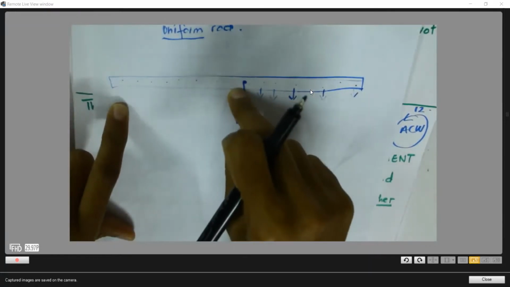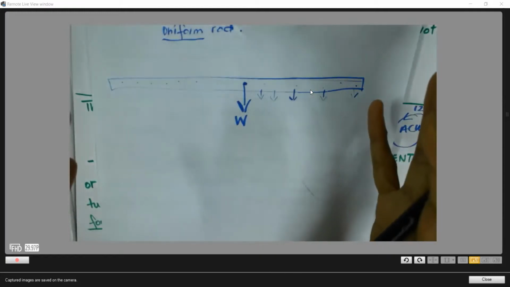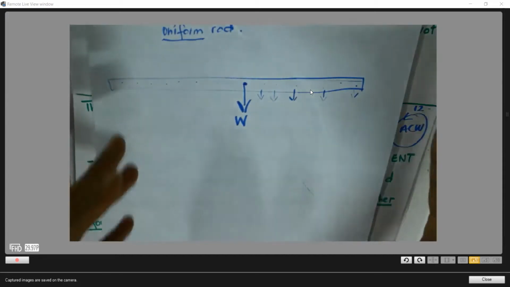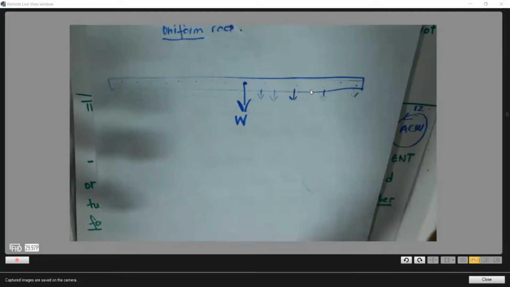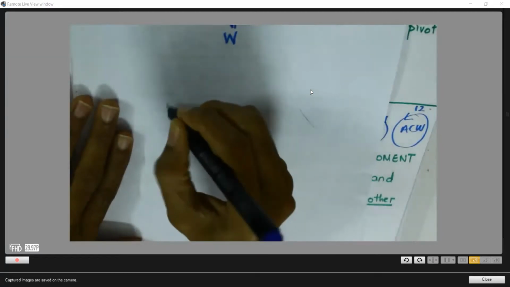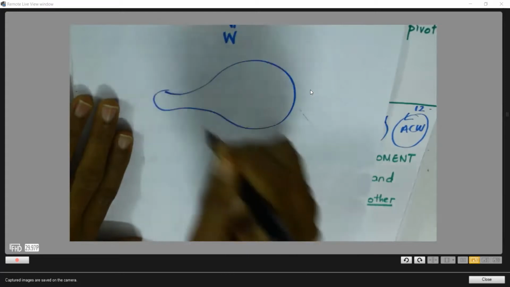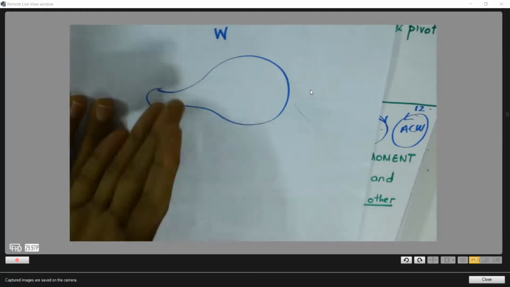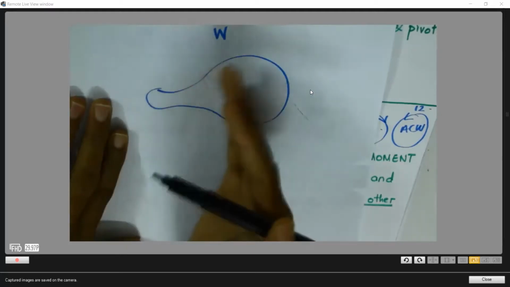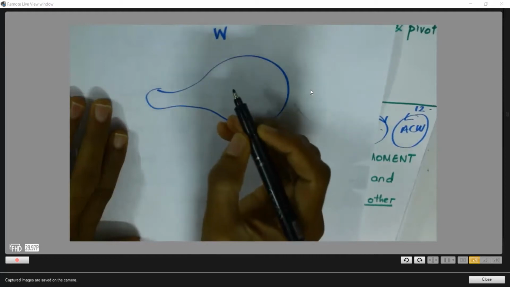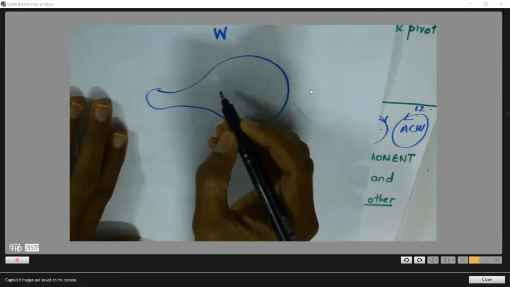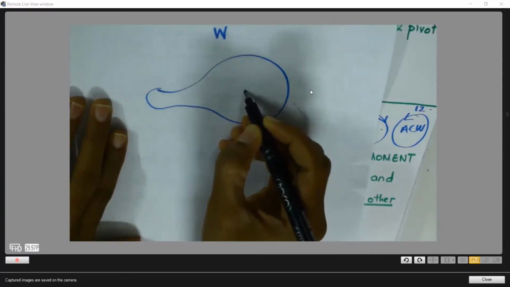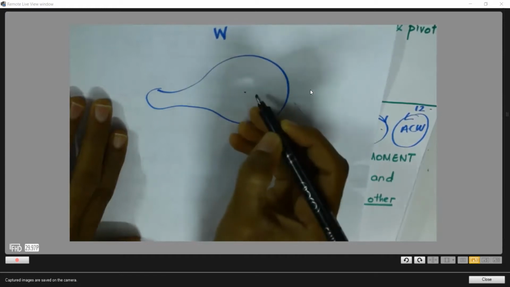But if you have an asymmetrical object, for example if something is shaped this way, now this half has more mass than this half. So the center of mass will be more towards the bulkier half of the object, somewhere here.